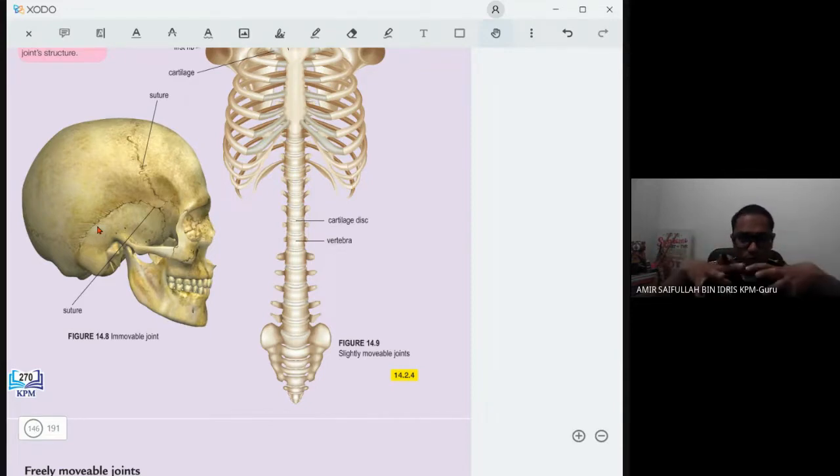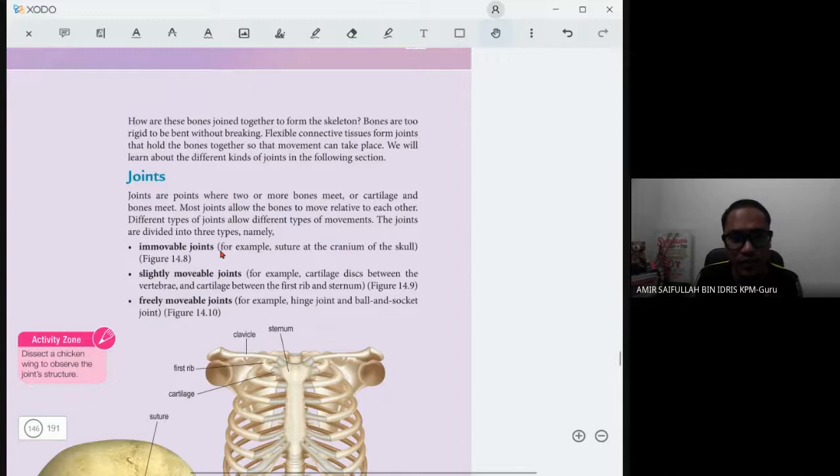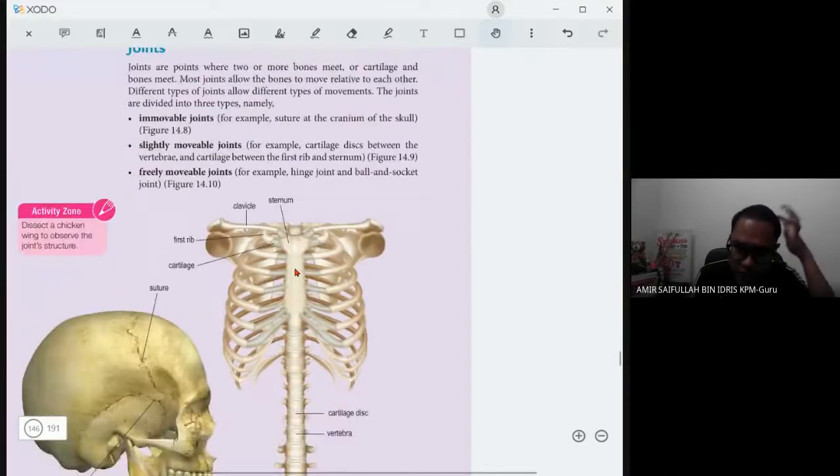It joins the bones together but you cannot move the bones anymore. It is glued very strongly. That is called an immovable joint, the suture at the cranium of the skull.